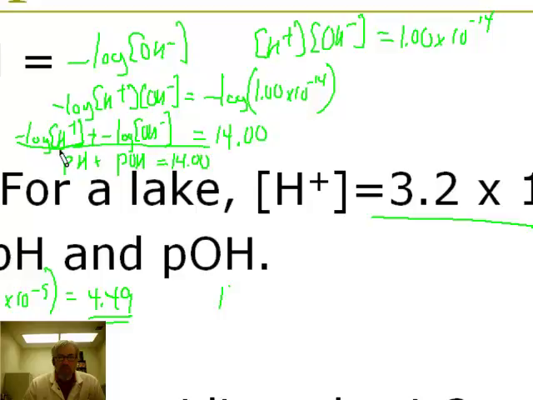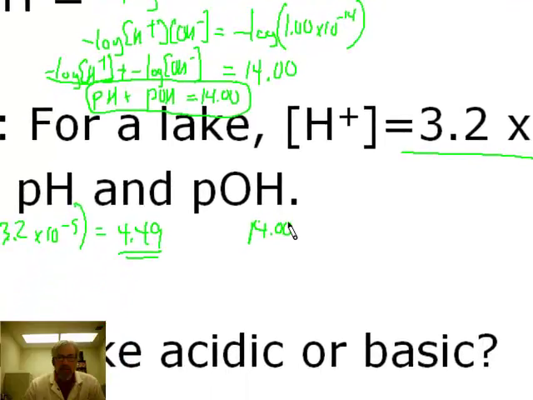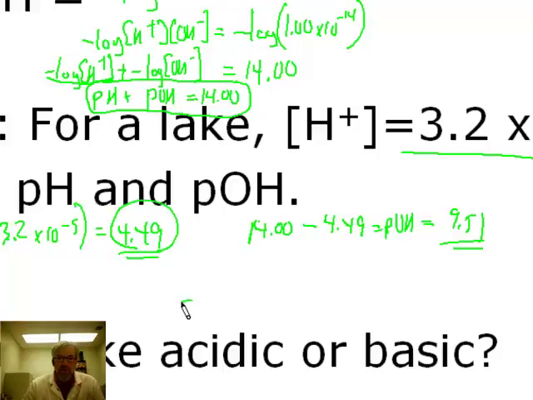So we can use this fact to shortcut this kind of a problem. So if I take 14.00 and I subtract the pH, 4.49, I will have the pOH value, which is 9.51. Is the lake acidic or basic? Well, we can look at the pH and quickly tell that it's below 7, so this is an acidic lake.